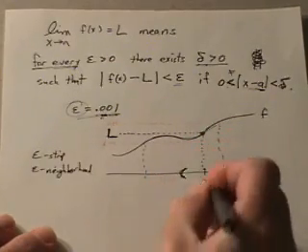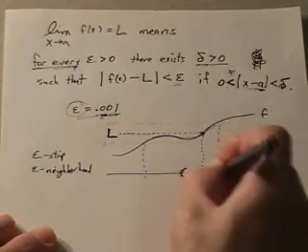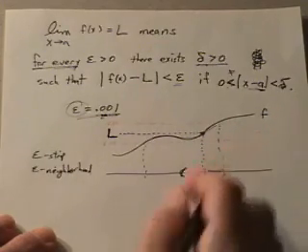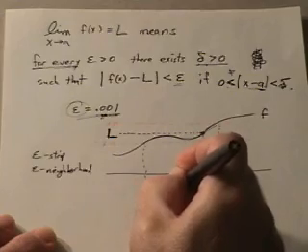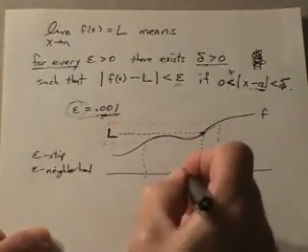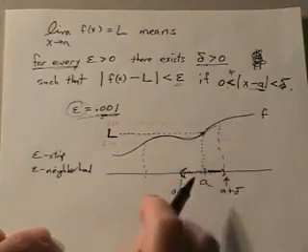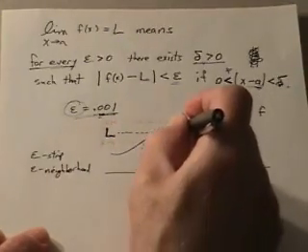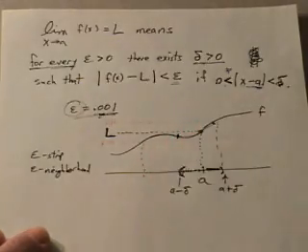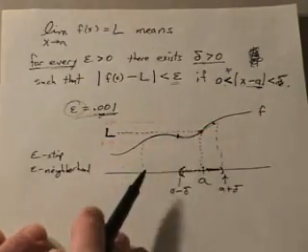So my delta comes in right now. This number is going to be A plus delta, and this number is going to be A minus delta. So as long as I pick x's in here, I'm great, because all the y values will be from here to there, and they will be within the epsilon strip.